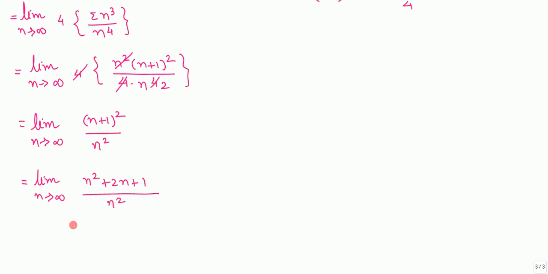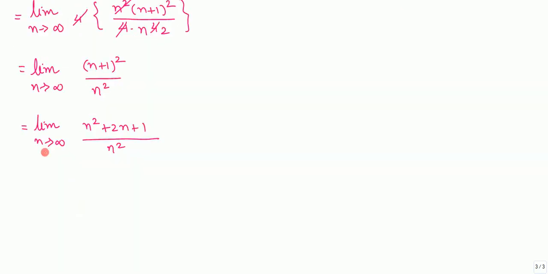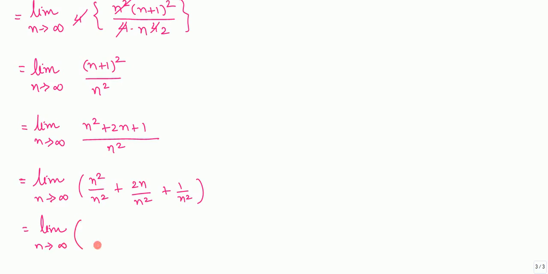Now dividing each term by n square, it is equal to limit n tends to infinity n square by n square plus 2n by n square plus 1 by n square. Now n square cancels out, what is left? 1 plus, n cancels out, 2 upon n plus 1 upon n square.